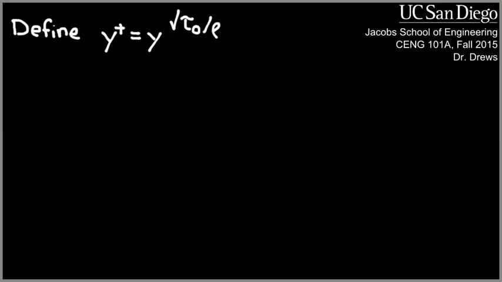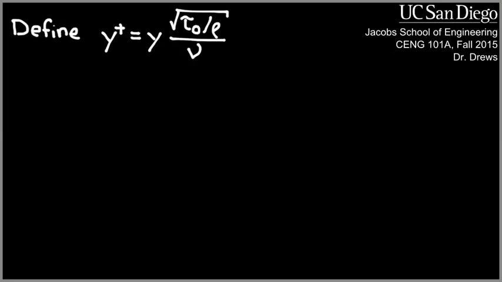This is all going to be presented in dimensionless form. So some people made the following definitions. We defined a dimensionless coordinate, y plus, which is simply equal to y times that friction velocity, the square root of tau naught over rho, divided by a new quantity nu.